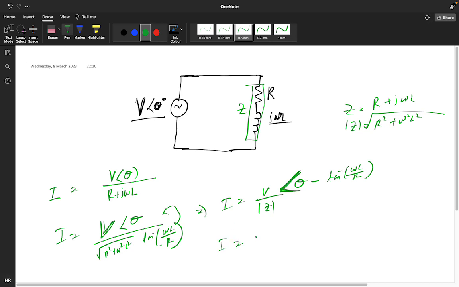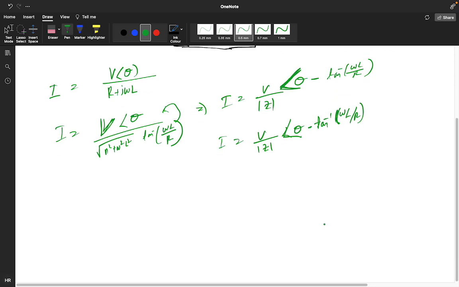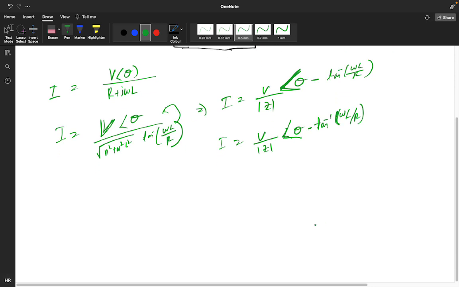So you are getting V by mod Z at an angle theta minus tan inverse omega L by R. What is the difference between V and I?